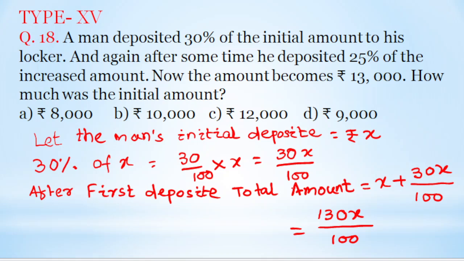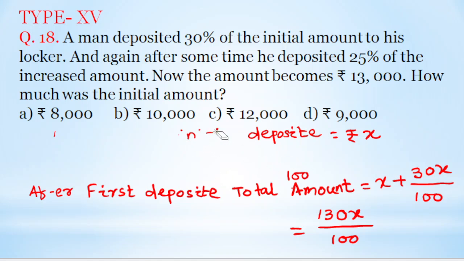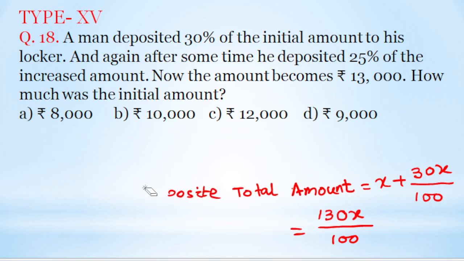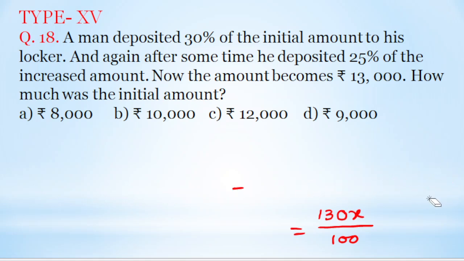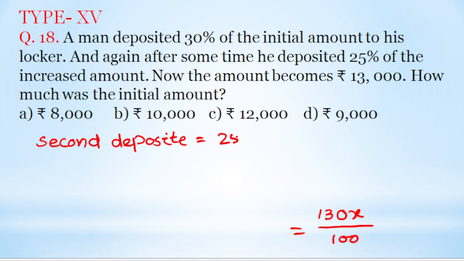That means the second deposit is equal to 25% of the increased amount.